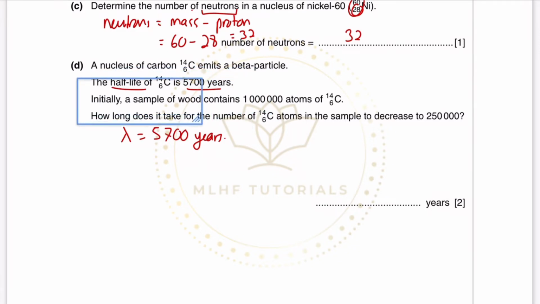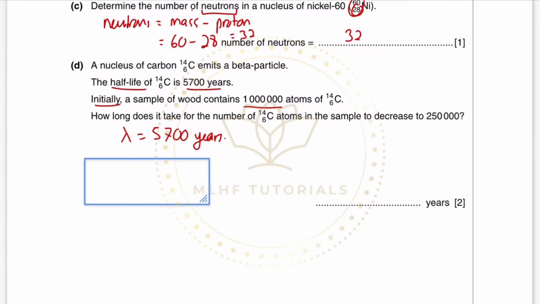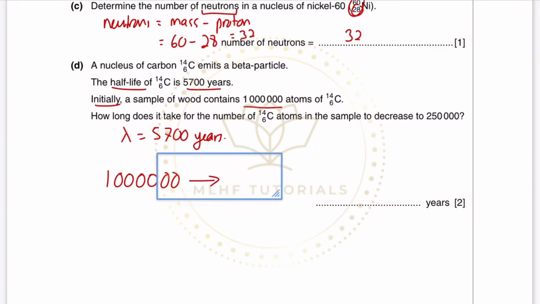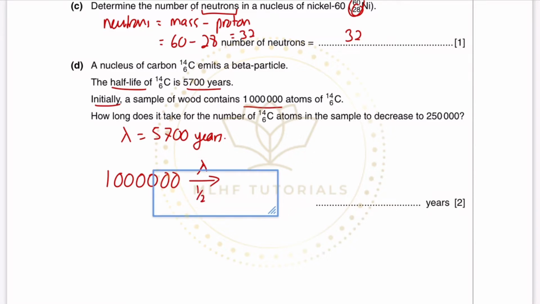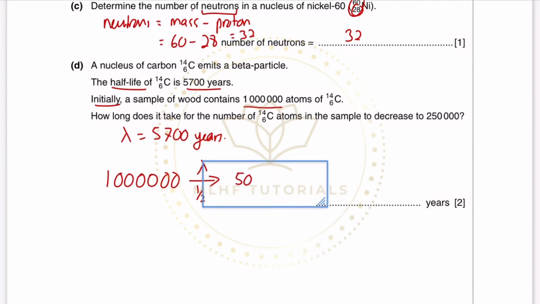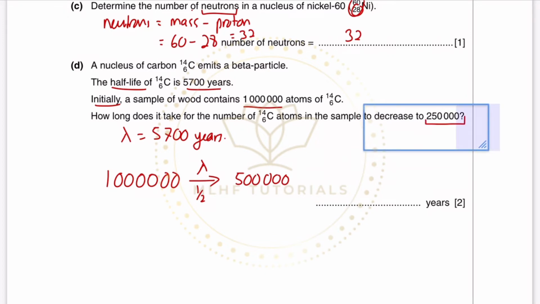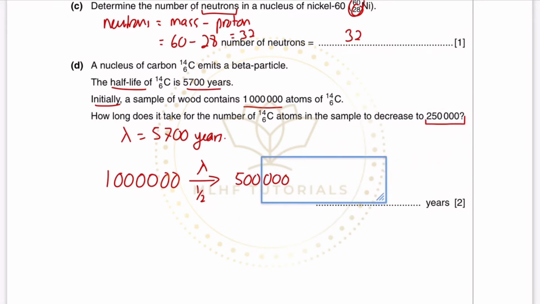So you start off with, initially, you start off with 1 million atoms. So you have 1 million atoms here. Okay. It's gonna undergo a half-life or decay here. So let me just put here a half-life symbol. So when it undergo a half-life, the number will go half. So this will become 500,000. Okay, did it reach 250,000? Nope. So let's let it undergo another half-life.